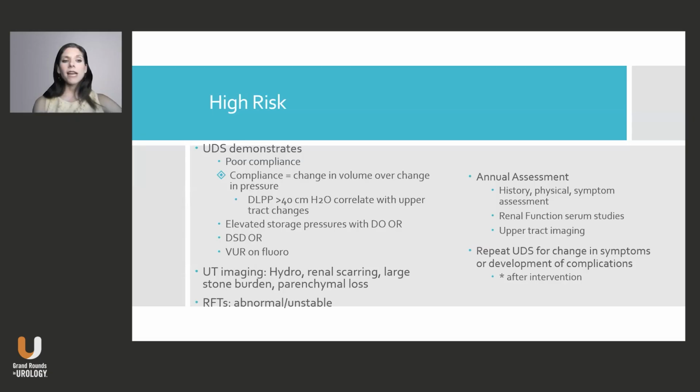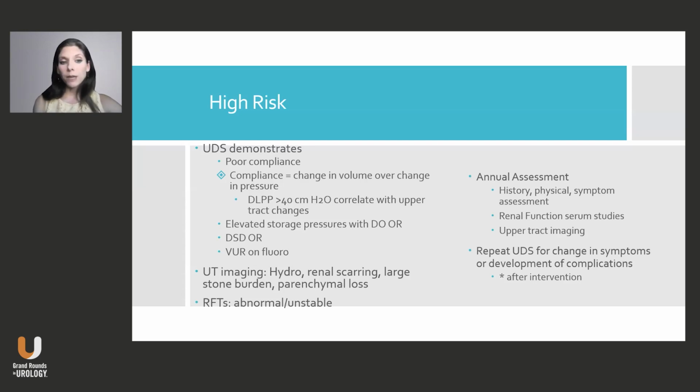So if your urodynamics demonstrates poor compliance or elevated storage pressures with detrusor overactivity, so what I'm talking about here is the patient who has these detrusor contractions, they come back down to their baseline pressure. They don't have overall poor compliance, but they have either phasic or just recurrent high pressure or sustained detrusor overactivity, which shows that they're spending a lot of time in their storage phase at these really high pressures.